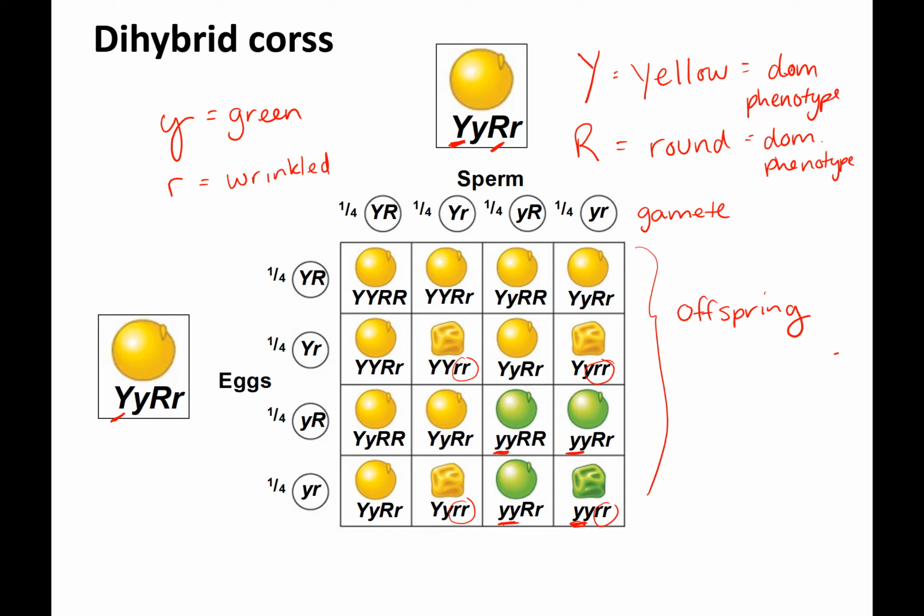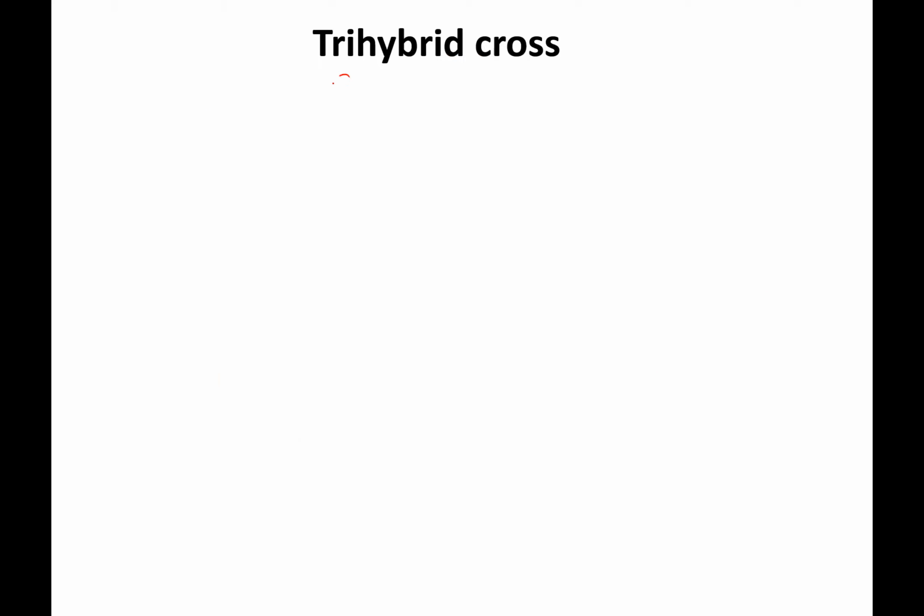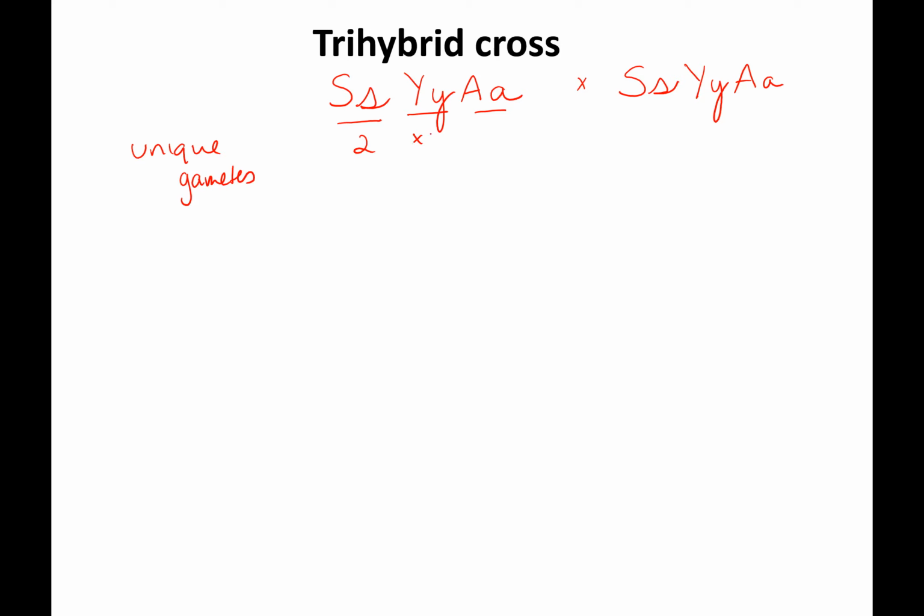Yeah, so let's take it a little harder. Let's do a trihybrid cross. Let's cross the S, Y, and A. So again, three genes, everything is heterozygous. So if you're looking at this to figure out the unique gametes, you know it's 2 times 2 times 2, so you have to figure out 8.